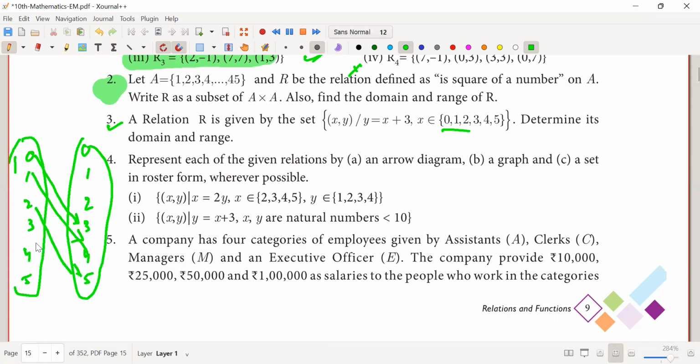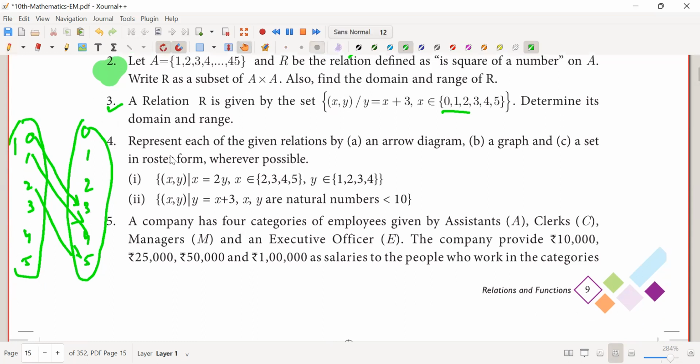Right? If I substitute 3 itself, I'm getting 6, which is not here. So after 3, we won't be getting any answer. So the domain is 0, 1, 2. The codomain and range is 3, 4, 5.